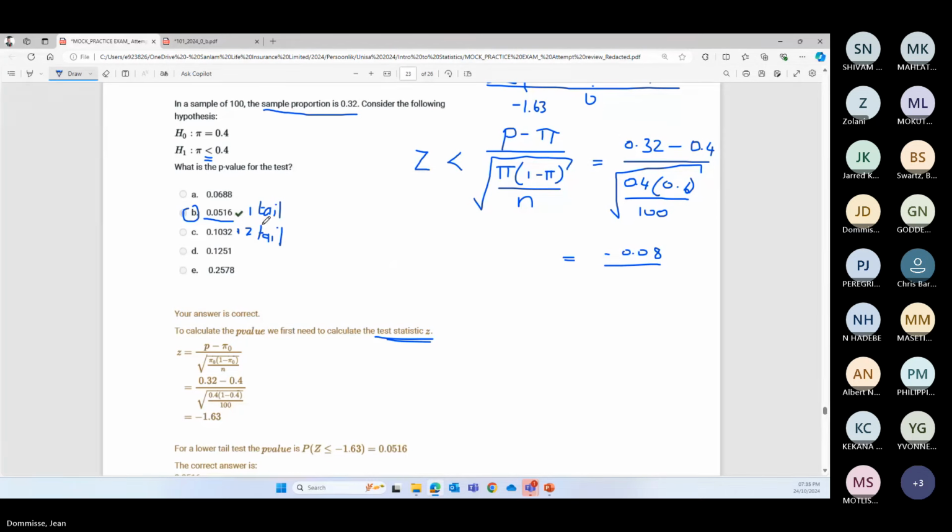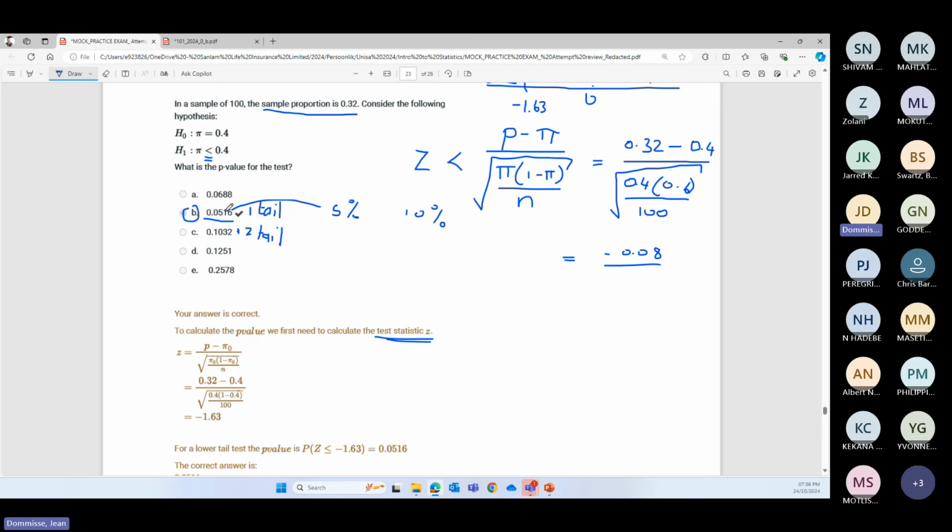Also important with this one is to see if you tested that against 5%, you would get a different answer than if you tested it against 10%. Because that is bigger than 5%, you will make a different decision than when it is smaller than 10%.